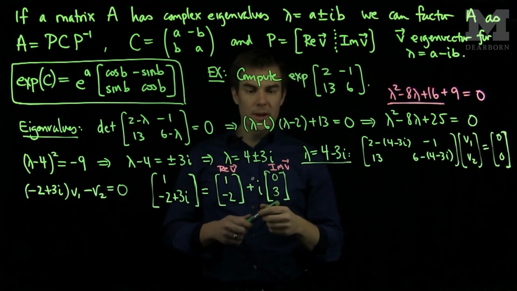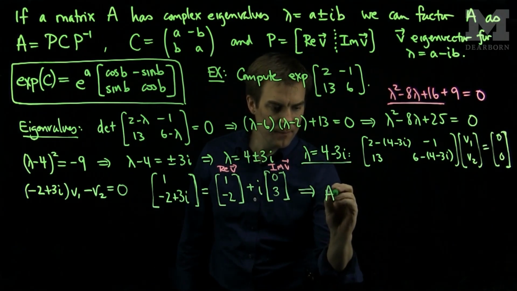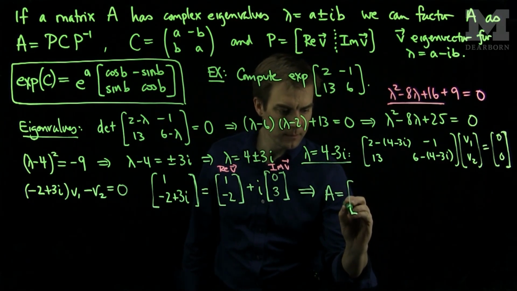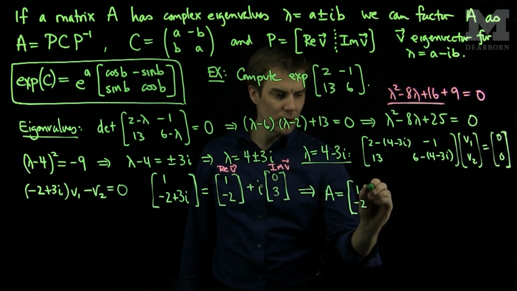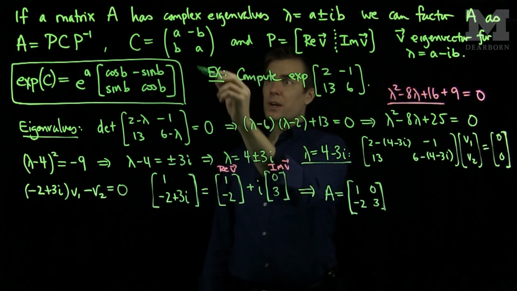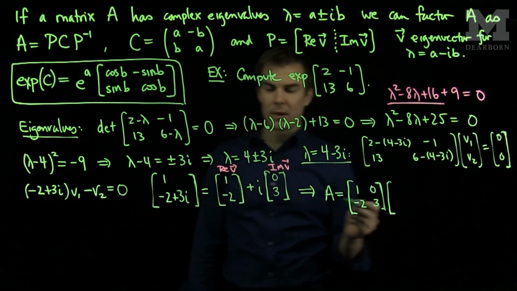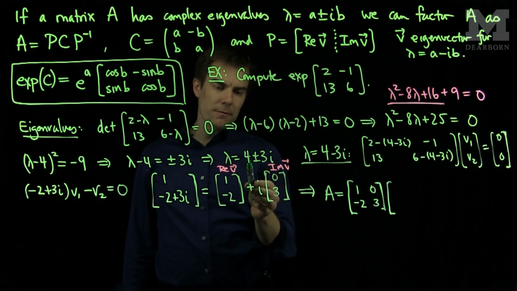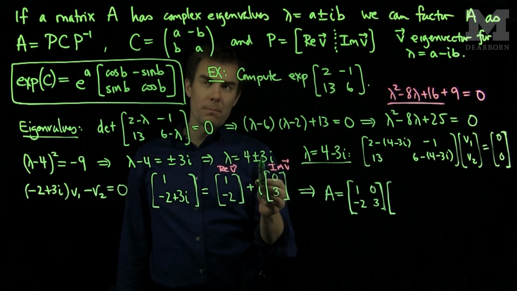From this, I can form the matrix P. By our factorization, our matrix A is the matrix P, which will be 1, negative 2, 0, 3, times the matrix C. We need to find out what our a and b will be. My eigenvalue is 4 plus or minus 3i, so a will be 4 and b will be 3.